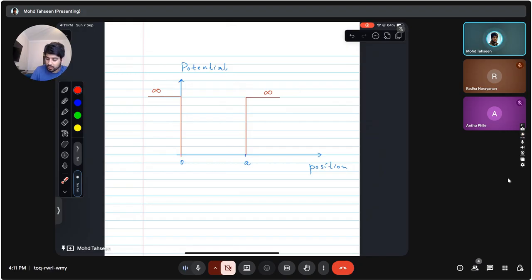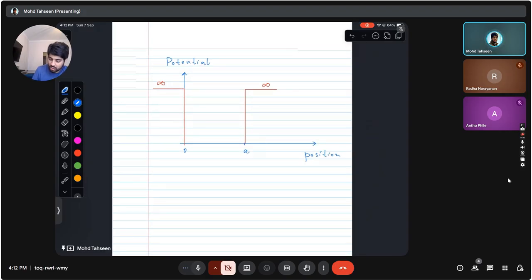Because energy would be q times potential, where q is the charge of electron, which is e. E times V is infinite. So it needs infinite amount of energy to get out of this potential well, right? So that's why it is always confined, because infinite energy is not realizable. So that's an impossible event, right? So it gets confined in the region from 0 to A.